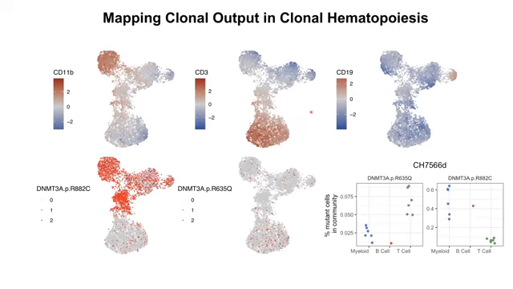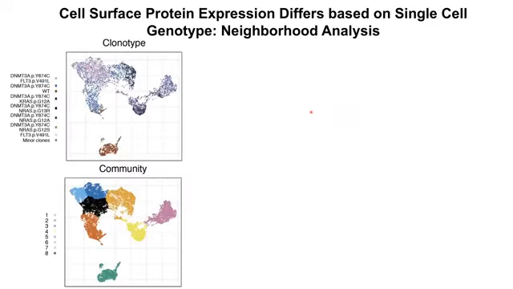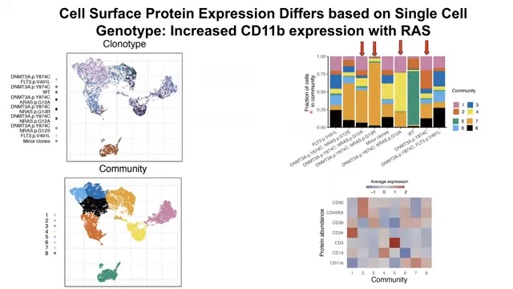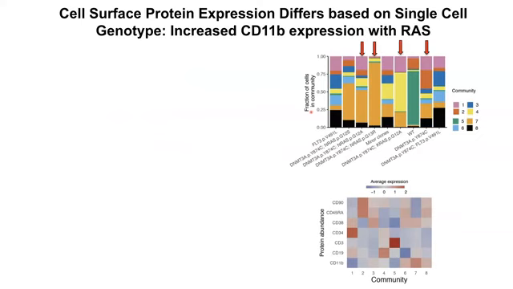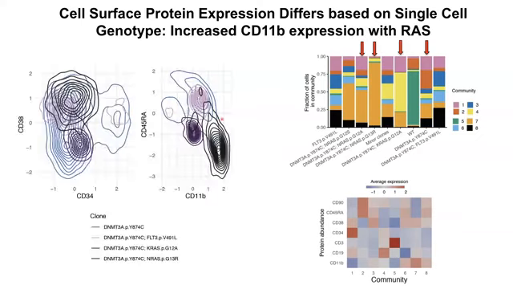We then went back to leukemia and asked, can we map mutations on complex immunophenotypes? And what Bobby and Lindy did was to develop a neighborhood analysis to basically map all of the different mutations within different immunophenotypic subclusters. And in this patient, what you can observe is they had a bunch of different clones, including FLT3 and RAS mutant clones. But the RAS mutant clones, in this case, you can see drive a very specific immunophenotype, and that is associated with CD11b expression.